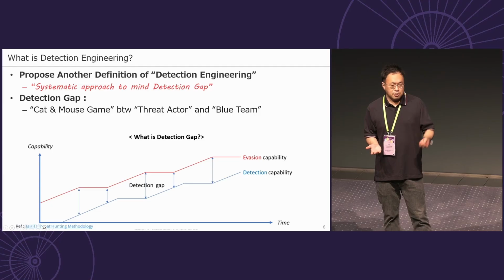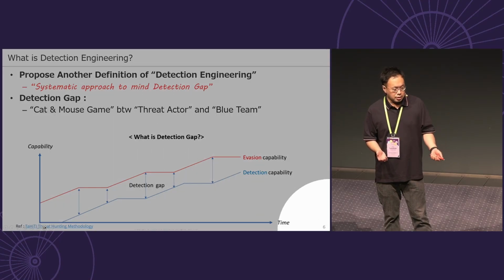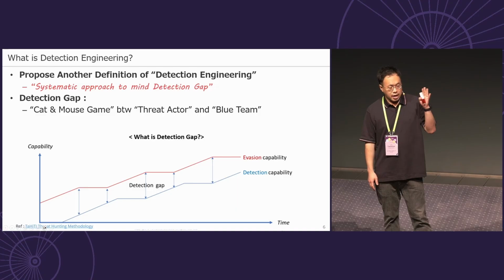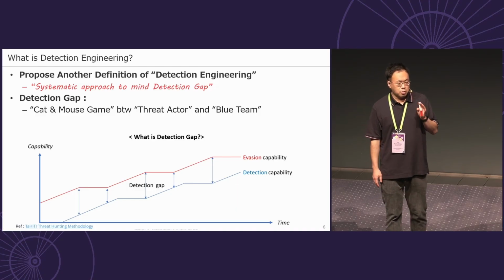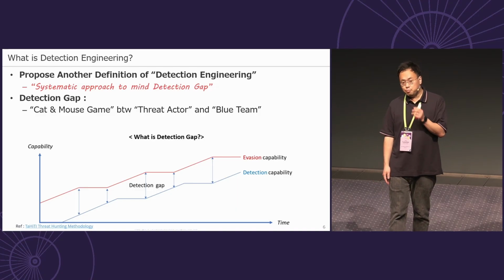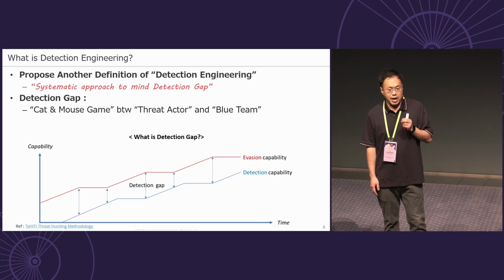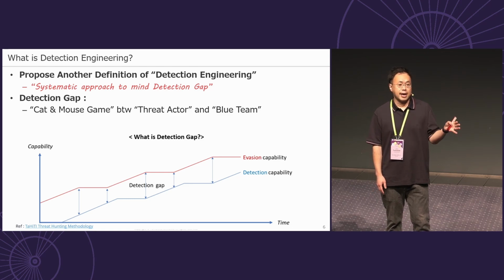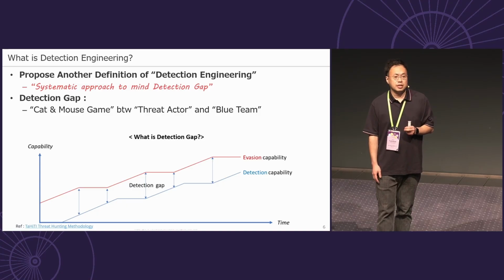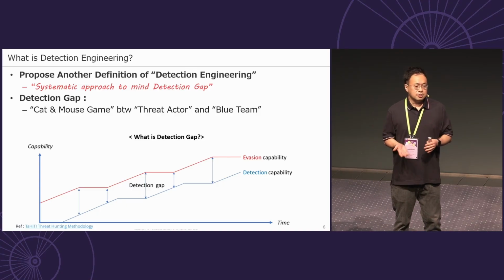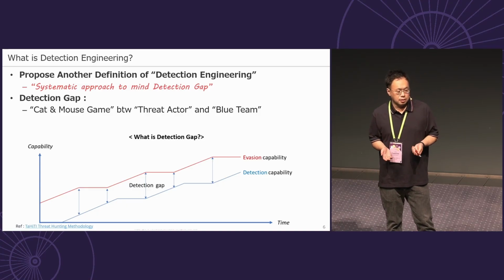If you see this diagram here, this is the time, and there's the capability. Both capabilities are increasing over time, but still we have a gap between the evasion capability, which the threat actor has, and the detection capability, which the blue team has. So this is the detection gap we have.